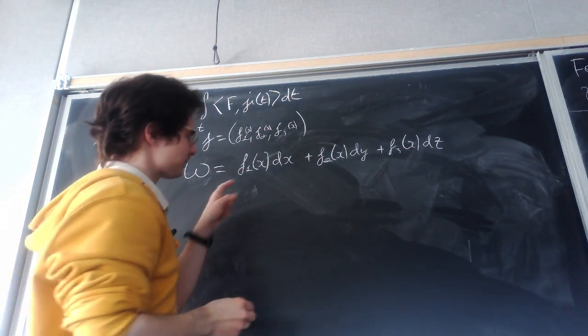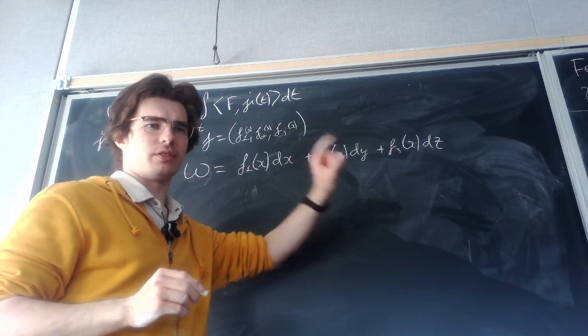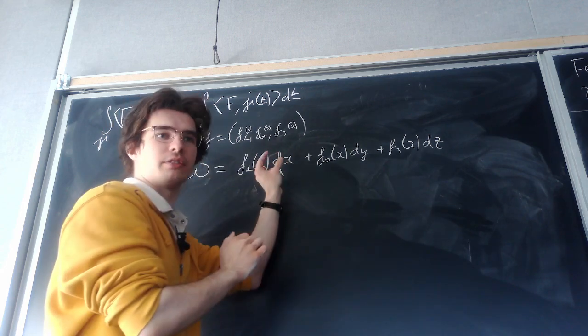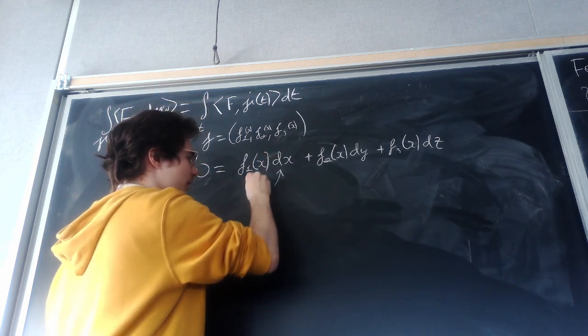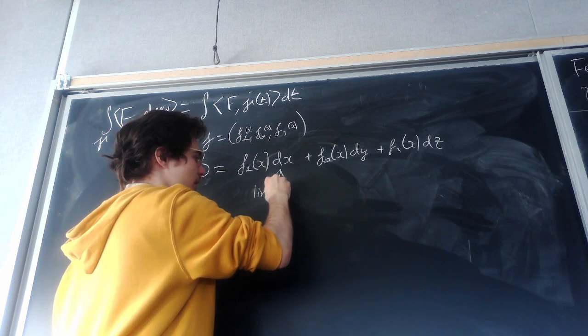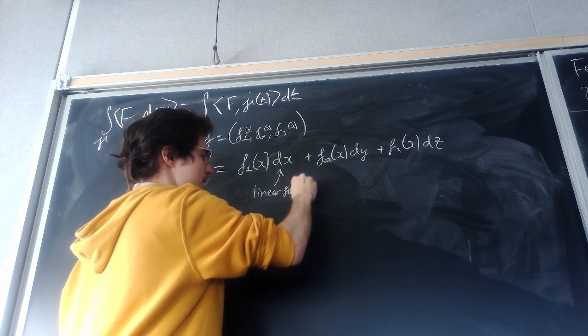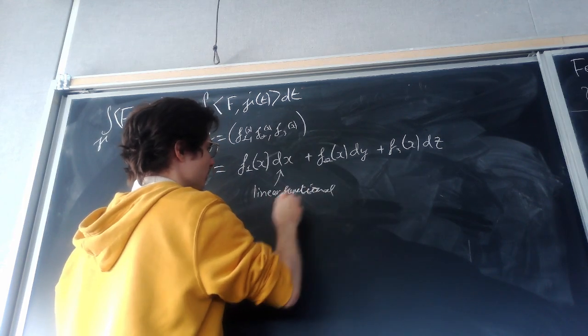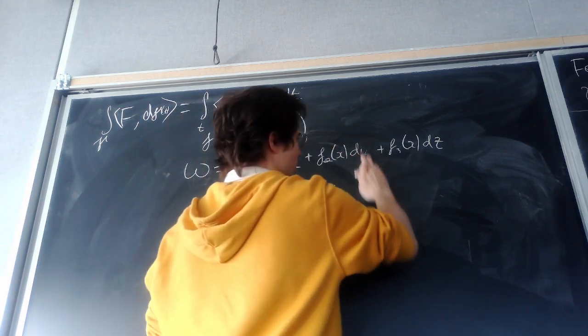which is what? What are these dx, dy, dz? In this case, this is just notation. This is just the linear functional, so maybe I should do dx1, dx2, dx3 for consistency.